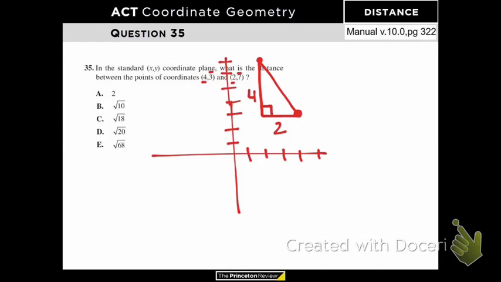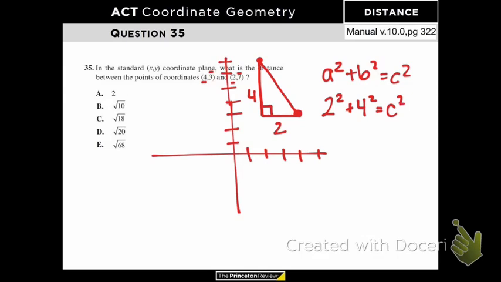And so to find your distance, we can use the Pythagorean theorem, because even if you don't have the distance formula memorized, it really just comes from the Pythagorean theorem, which I think most people do have memorized. a squared plus b squared equals c squared. Plugging that in, that would give me 2 squared plus 4 squared equals c squared.